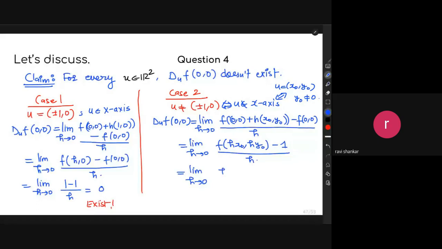So it turns out to be h square x naught square minus 1 by h.